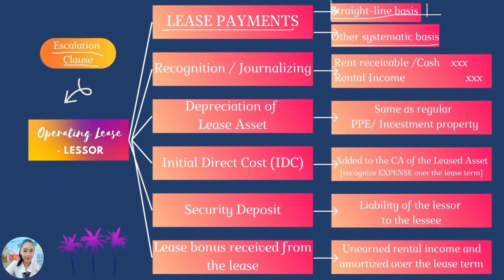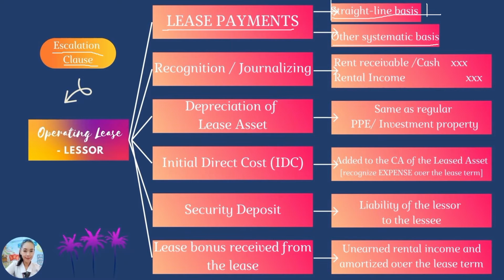Say for example, the lease term is 3 years, and annually the lessor receives 10,000 rental payment from the lessee. So that would be 10,000 every year for 3 years. So that is straight line already. So it's very easy to account for that.